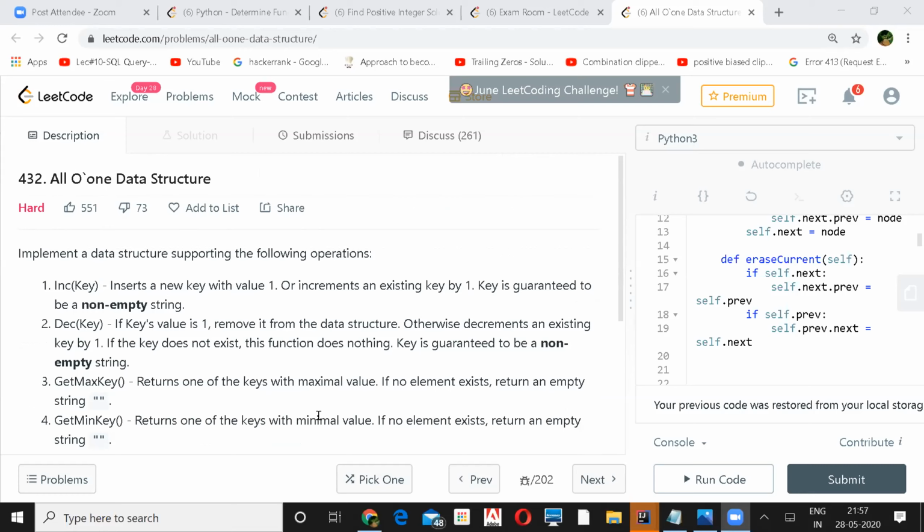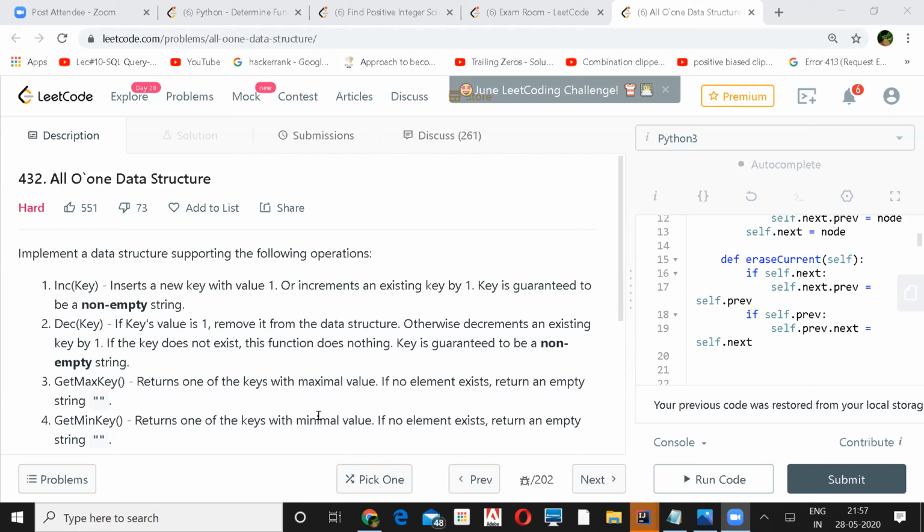Actually, this problem is about implementing a class, right? You are given a list of keys, and you just have to increment their count values. If a key comes for decrement, you decrement it by 1, and if it goes to 0, you remove that key. Then you need to find the maximum key.